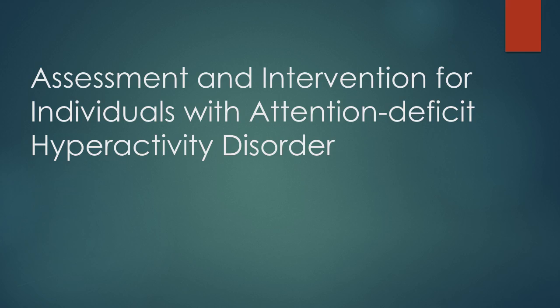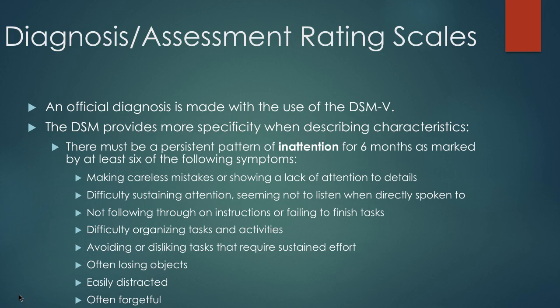So how do we diagnose ADHD exactly? An official diagnosis is made with the use of the DSM-5, the Diagnostic and Statistical Manual for Mental Health, 5th edition. The DSM provides more specificity when describing characteristics.